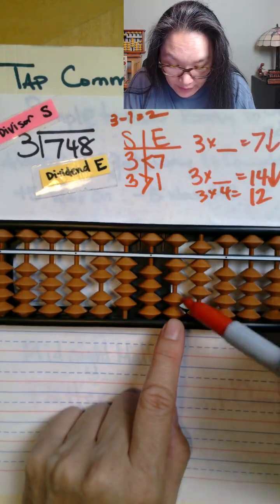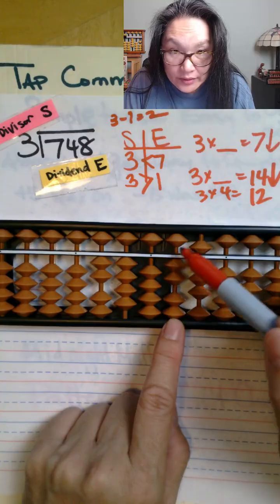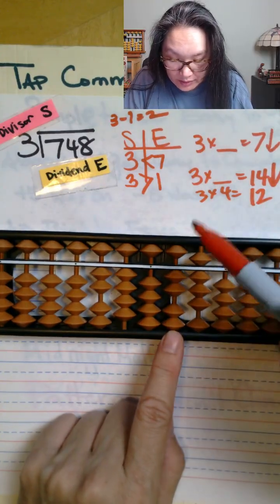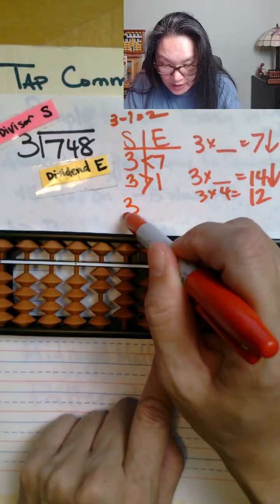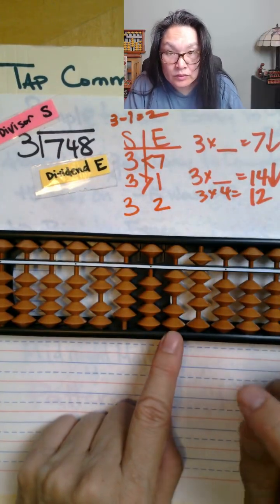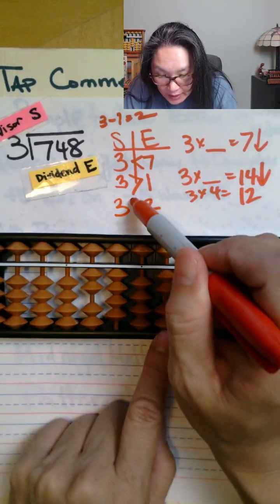I still have divisors. This is the 1 divisor. I'm sorry, dividend. This is still the 1 dividend. 3 or 2. My 3 is bigger.